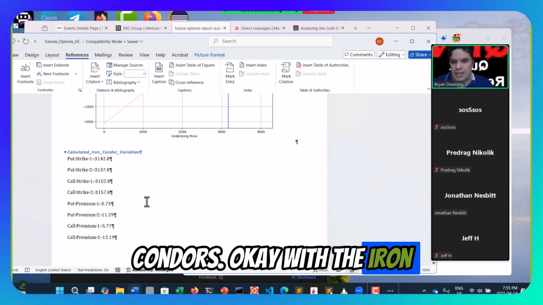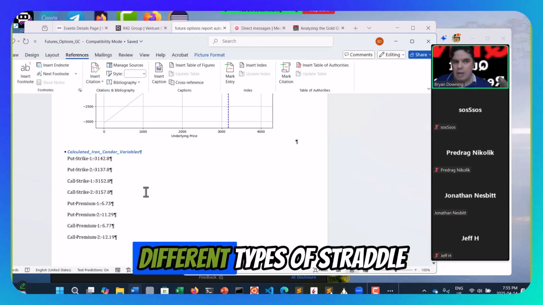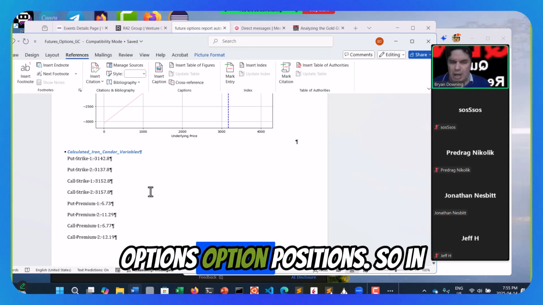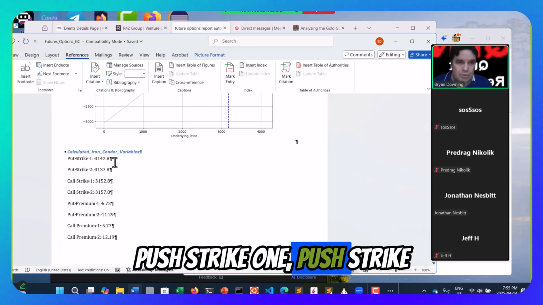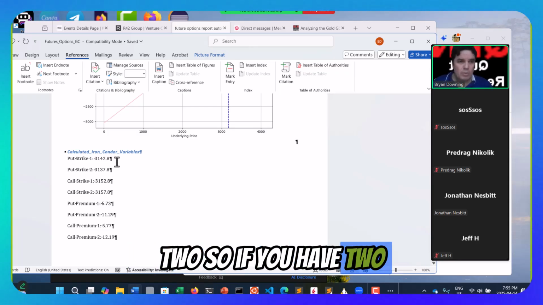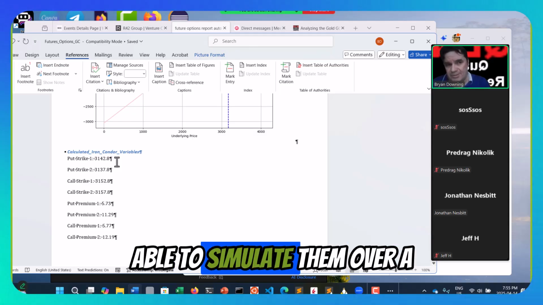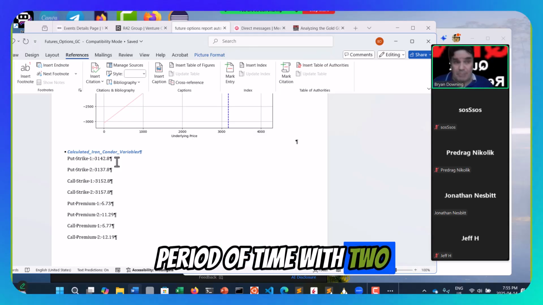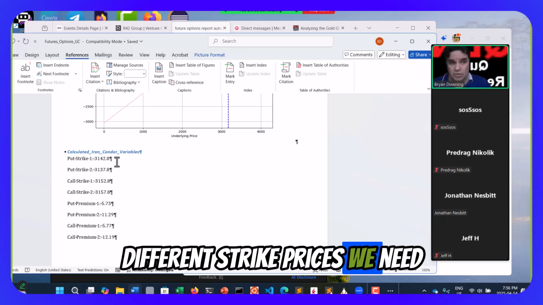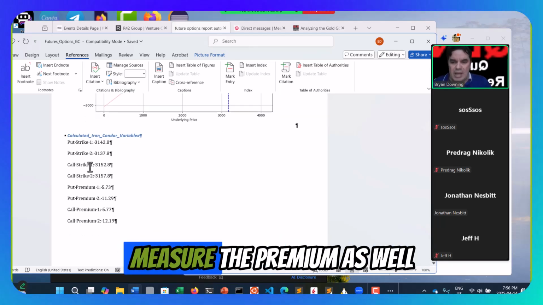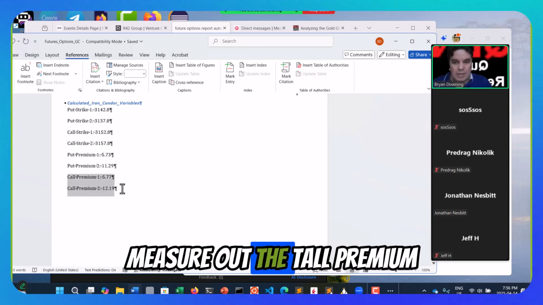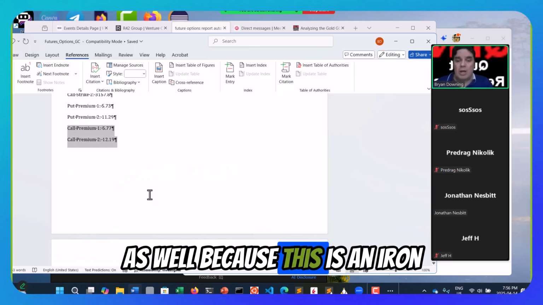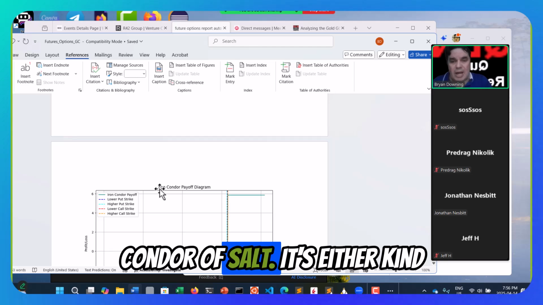Okay, with the iron condor, you're now layering in different types of option positions. So in this case, we're going to put a put strike one, put strike two. So if you have two different strike prices and be able to simulate them over a period of time, we need to do that. Then we also need to measure the premium as well, and the call premium as well, because this is an iron condor call.